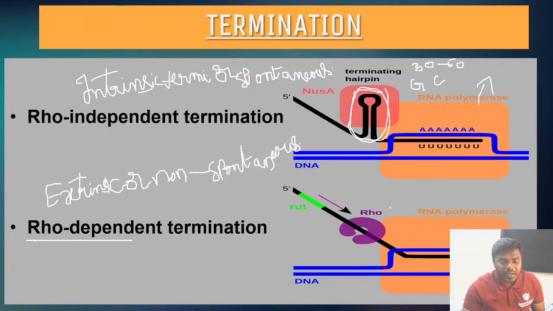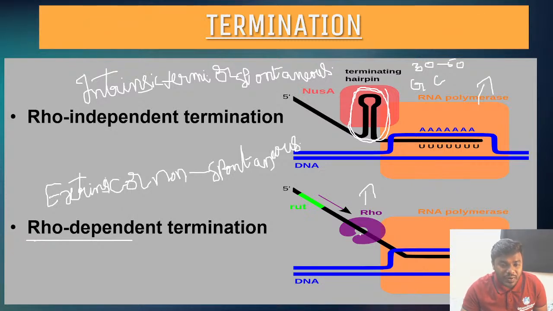During that time the RNA uses a protein called the Rho protein. This is a very, very important protein. Now you can ask, how does this Rho protein associate with the RNA molecule?